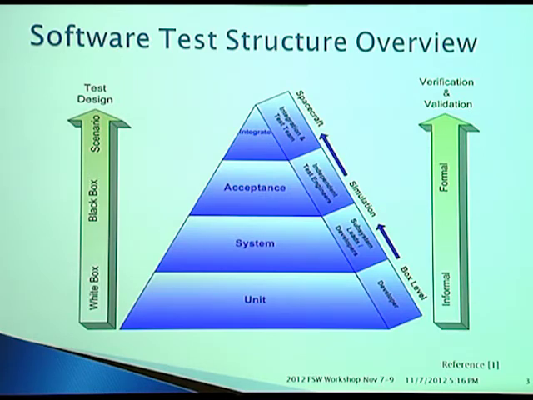So the software test structure that we use is basically a four-layered test structure, and the first three layers, the unit, the system, and the acceptance testing, is all part of our software development process. At the acceptance test level, we basically follow a black box approach, and the test cases are designed and conducted by independent test engineers.